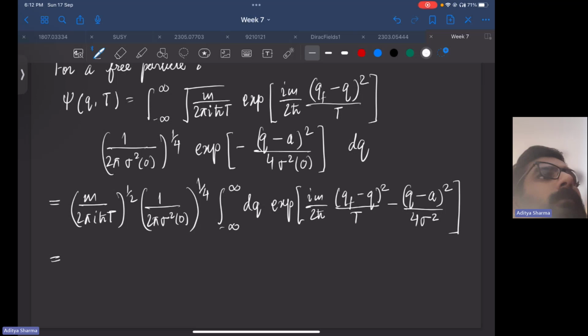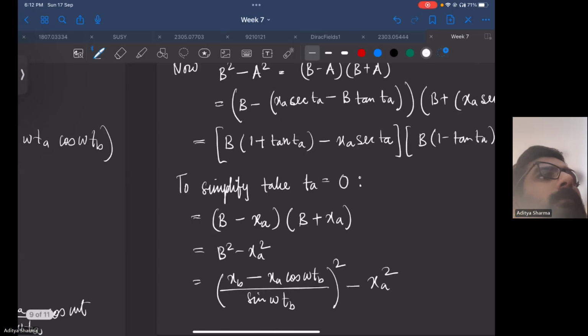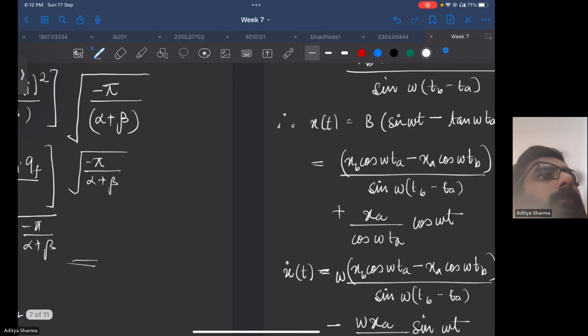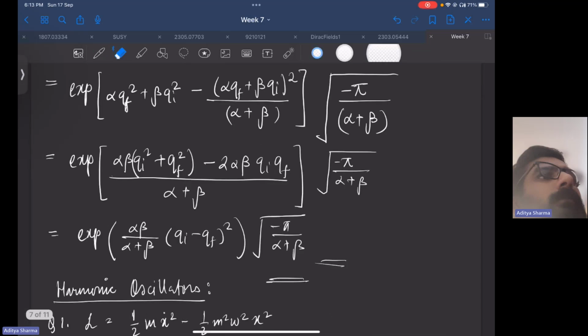This integral we do by using the same integration which I had shown you earlier. This one is going to give you the result using this.